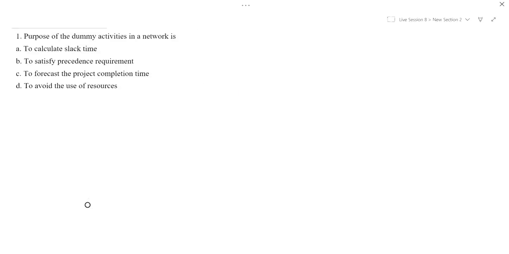So the purpose of the dummy activities in a network is which of the following? First we will discuss what is a dummy activity.